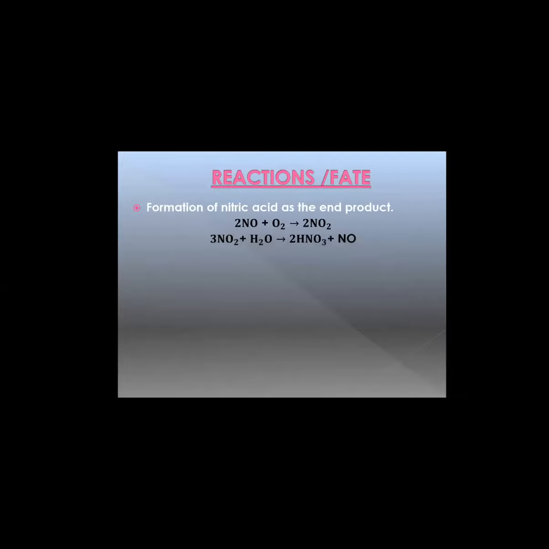In step number 2, nitrogen dioxide is treated with water, resulting in the formation of nitric acid, and nitric oxide gas is emitted. The other way, my dear friends, is that the nitrogen dioxide formed in step number 1 undergoes hydrolysis as well as air oxidation, resulting in the formation of nitric acid.